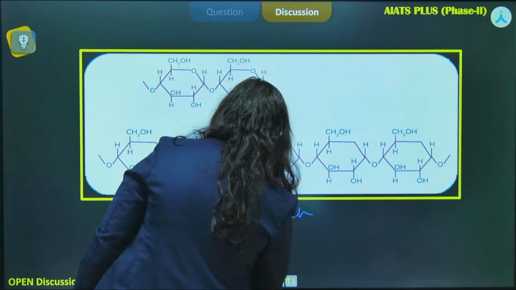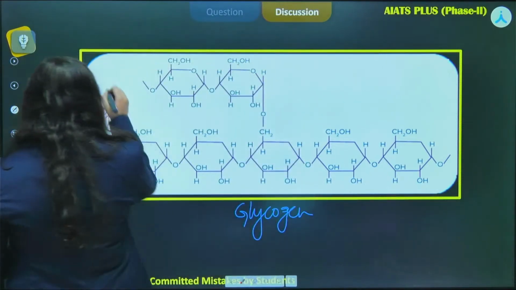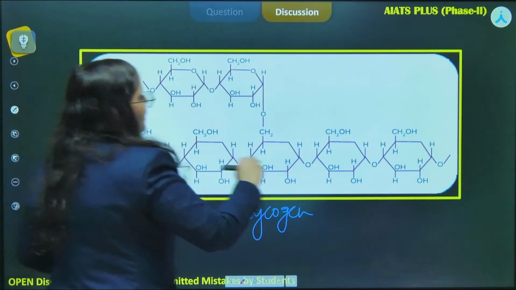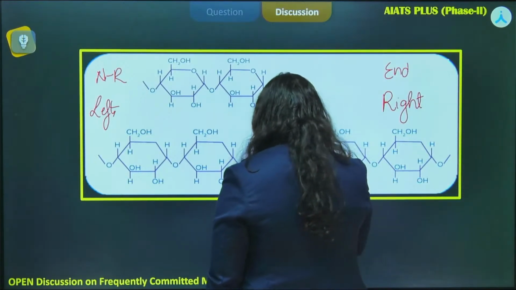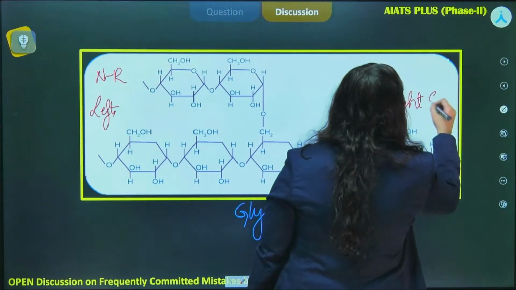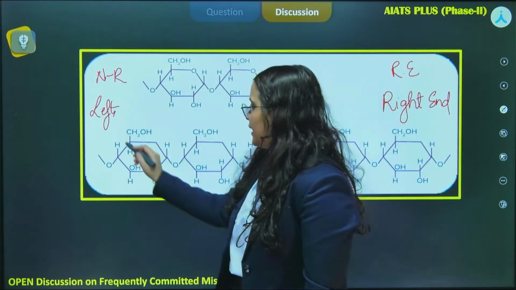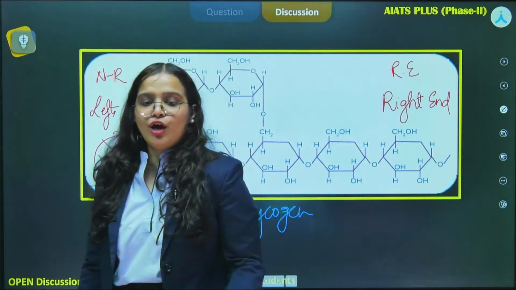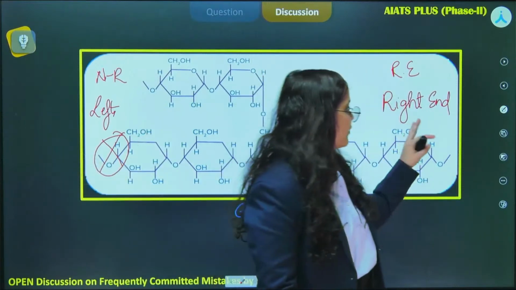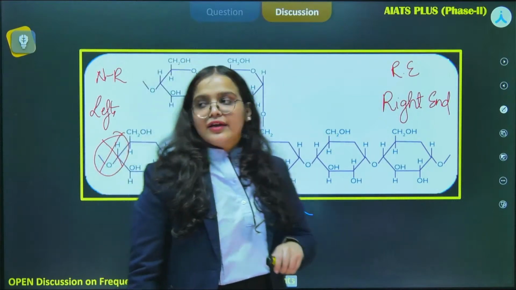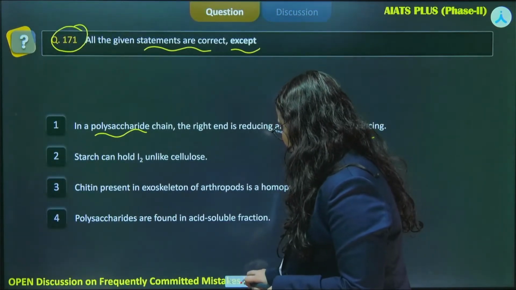We call it that the left end of a chain of glycogen is the non-reducing end, whereas the right end is called the reducing end, because here we see that there is no free ketone or aldehydic group to participate in forming a bond, whereas the right end participates in forming a bond, and therefore this helps us conclude that our first statement is correct, and therefore option 1 cannot be the right answer.